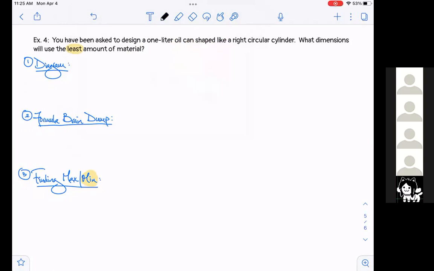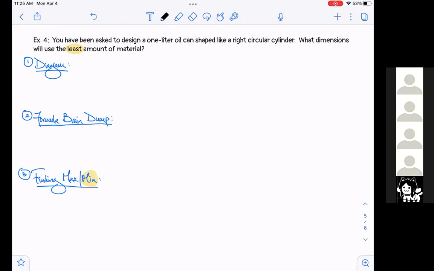Material. Okay, so what does material correspond to? Does that correspond to volume or surface area? Surface area. Surface area, okay. So nowhere in this problem does it say find the minimum surface area, right?